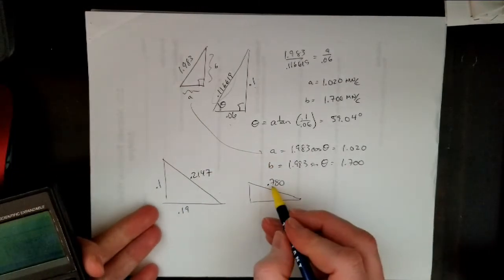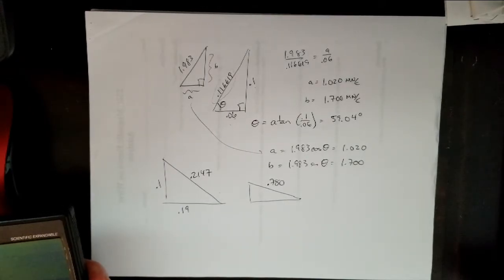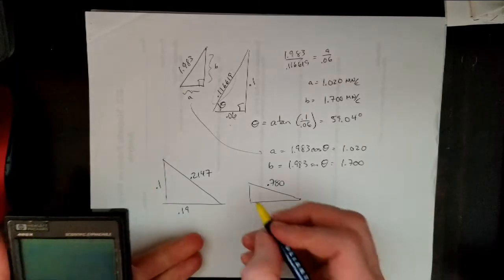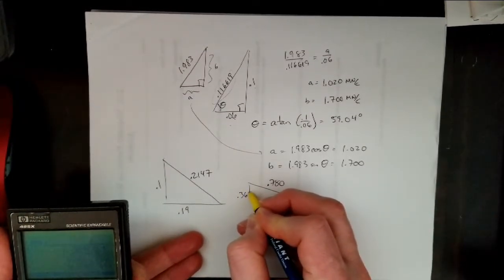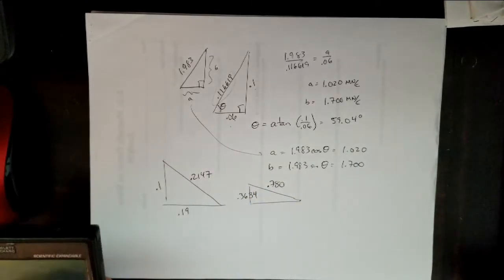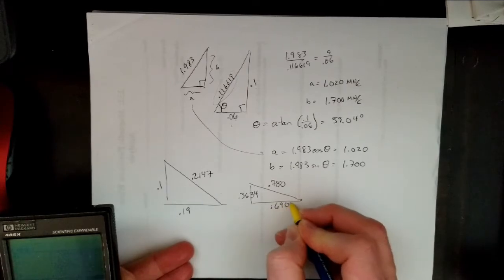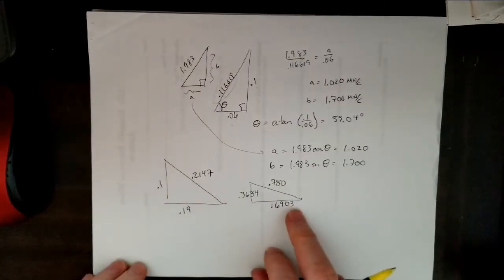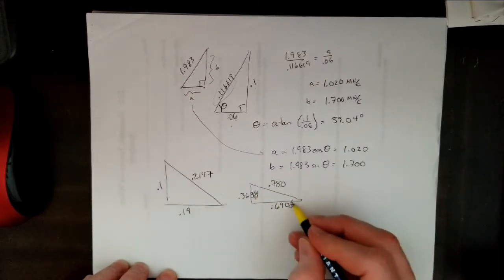And so 0.78, 0.2147 divided by 0.1 times. And so this is 0.3634. And this would be 0.6903. I took this out one more decimal place than those, so I probably should round off, so I'll just go ahead and round off here.